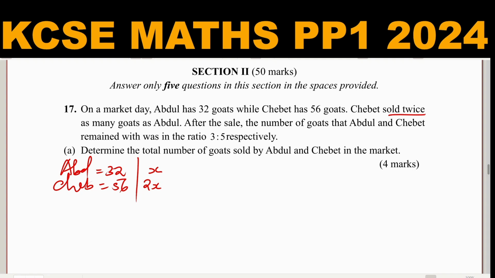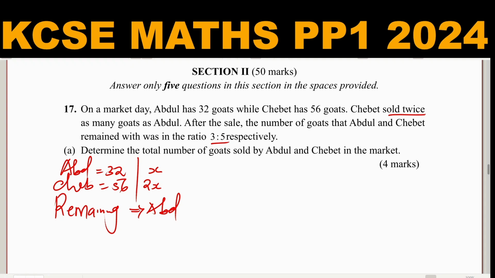Now after the sale, the number of goats that Abdul and Chebet remained with was in the ratio 3:5 respectively. So what we need to get is what remained after the sale. We start with Abdul.